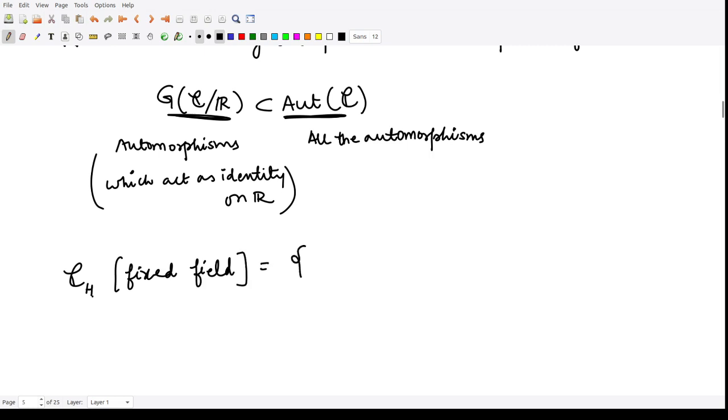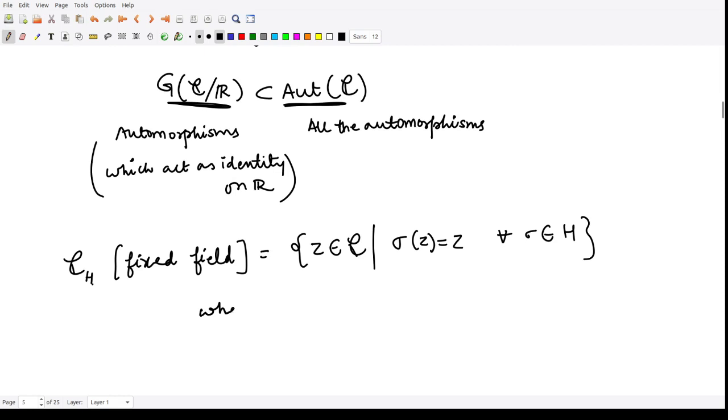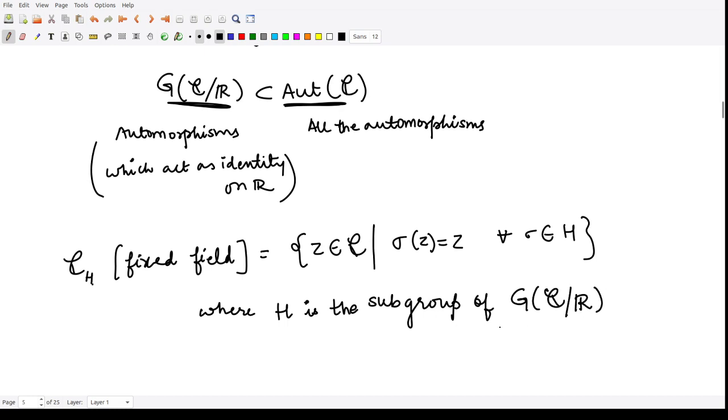It would contain all the elements of this extension field C such that the mapping sigma of that element would be the same element for all mappings belonging to H, where H is a subgroup of the group G of C by R. So that means it is a subgroup of the automorphism group.